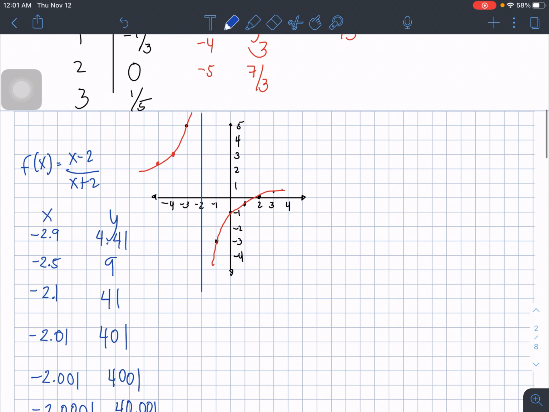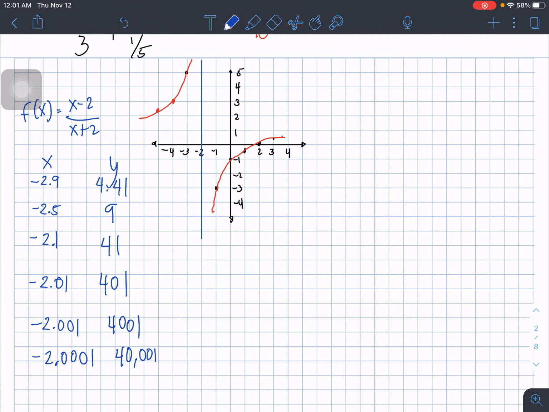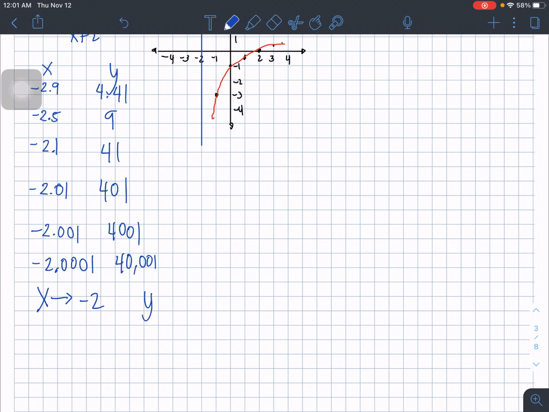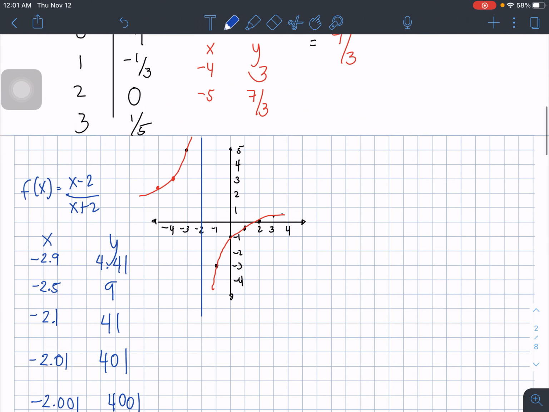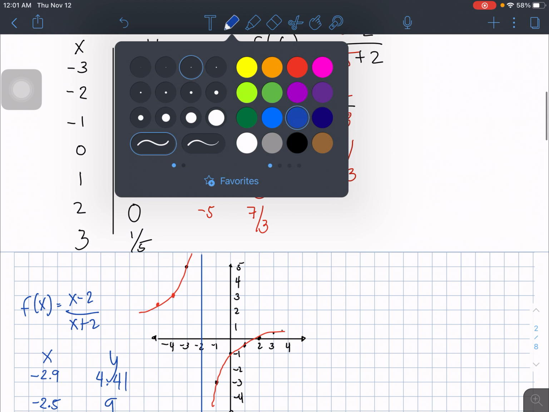Okay, so as you could see, as we try to approach the value to negative 2, our value of y approaches positive infinity. Okay, so the graph will look like this.